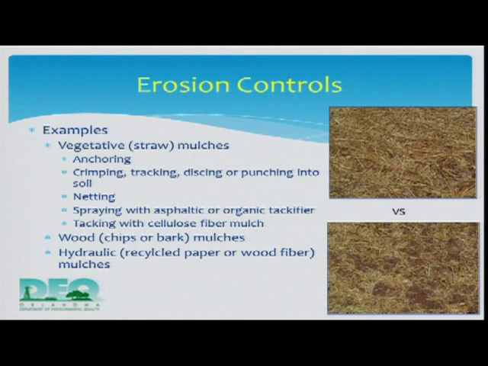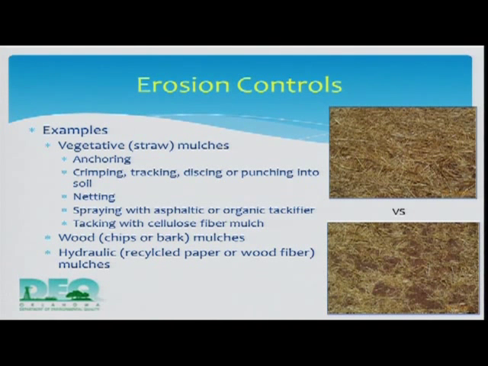If you've got the equipment, you can think of it in a different way: wood chips work real well. If you've got a chipper available and you're having to clear a lot of trees, run them through the chipper, blow them out on that disturbed soil, and it does a pretty good job.